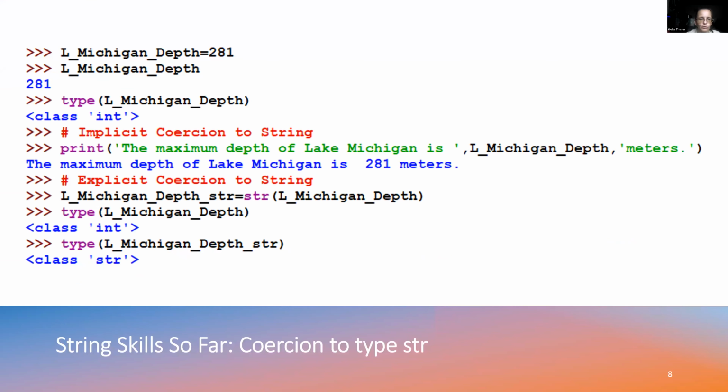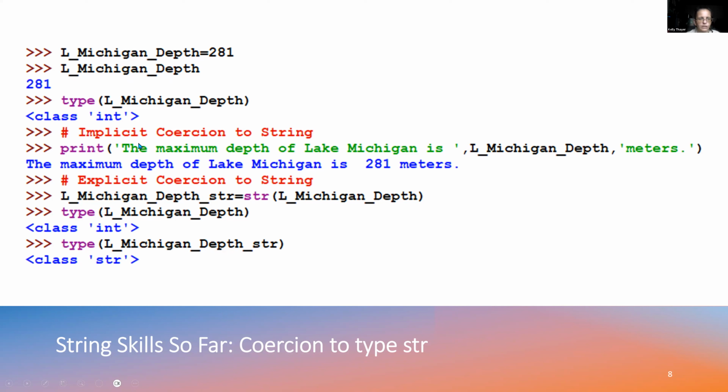We have also seen coercion to type str, and so this follows from a number of the things I was just mentioning. So here we have some variable Lake Michigan depth equals 281, and then we can ask what the depth is, what's the value of this variable, and it reports back 281 as an integer because that's the type that they had typed, and we can verify this using type.